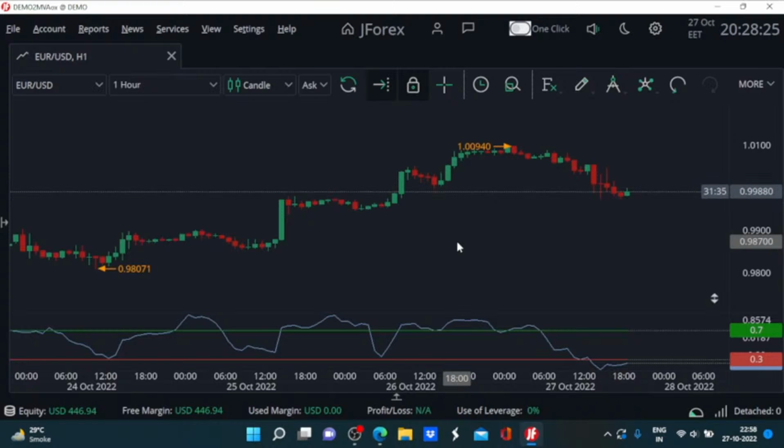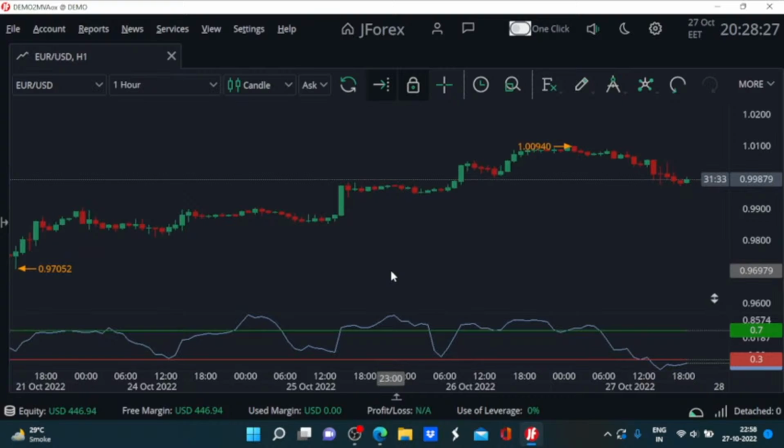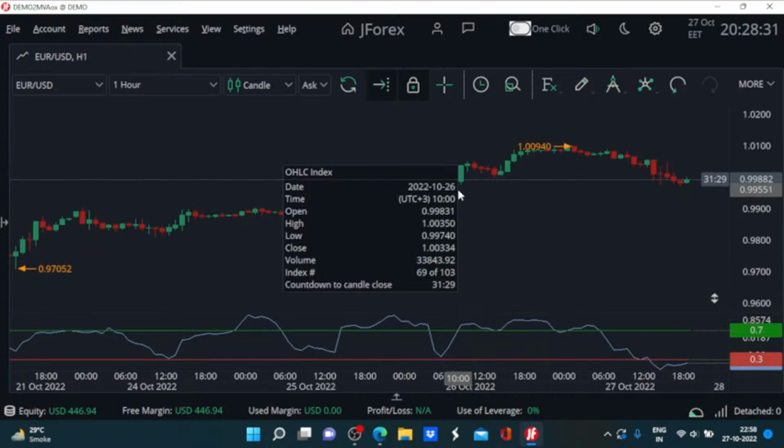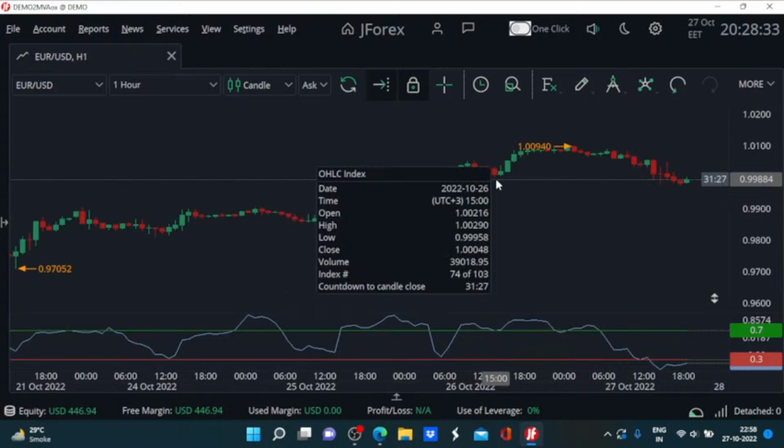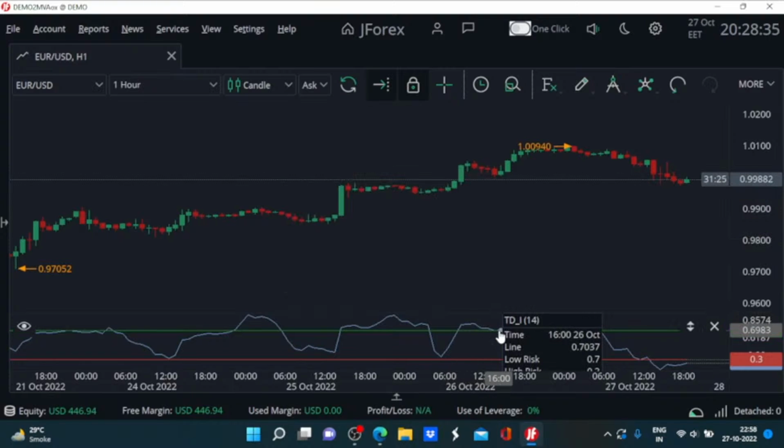So now coming to some of the examples here. If we have this output above 0.7, then we can start looking for opportunities to go buy. One way to initiate a long trade is when the output rises above 0.7 from below 0.7, then that is the time we can go for a new long trade.